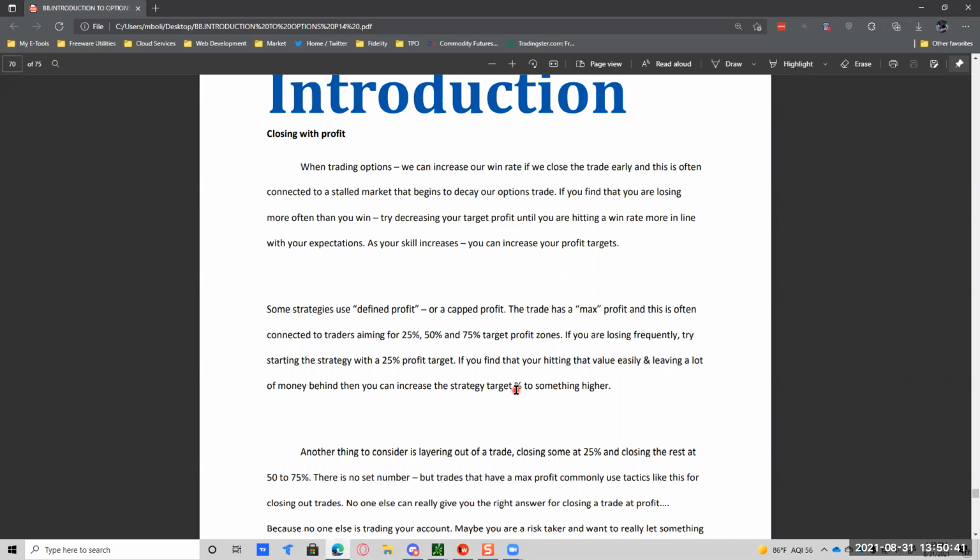Another thing when it comes to target profits is that when we close early, we increase our win rate. Now, increasing your win rate has a lot to do with tuning a knob on a radio, trying to dial in a radio. So when we're doing really good in options trades, we want to reach higher in our target profits.